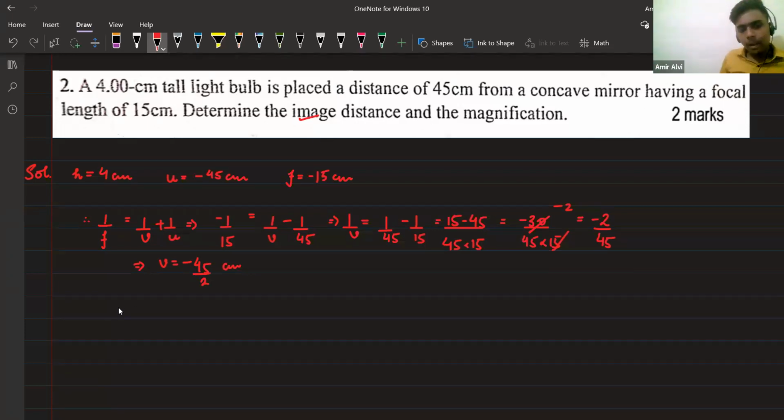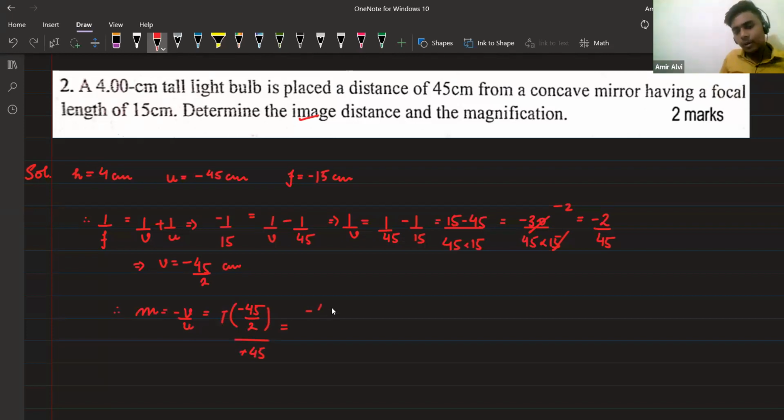So magnification would be minus V by U. So minus of minus 45 by 2 divided by, how much is yours, 30? Sorry, 45. So this will cancel this and this will go in the numerator as this is a double division.